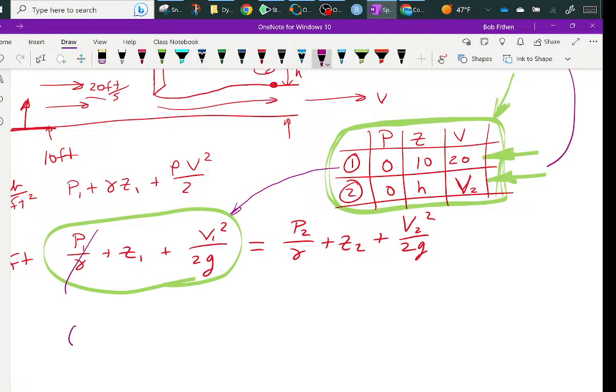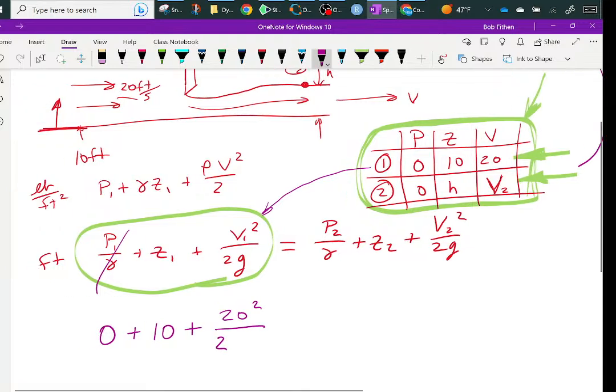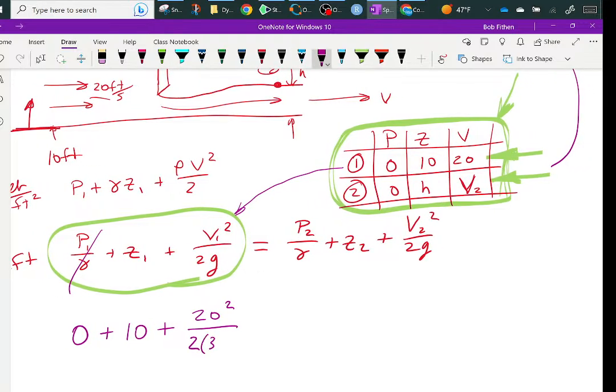The pressure is going to be 0, the elevation is 10, and the velocity is 20. So 20 squared over 2, and since I'm in feet per second, I've got to use 32.2. From that, I got my constant. I can figure this out.